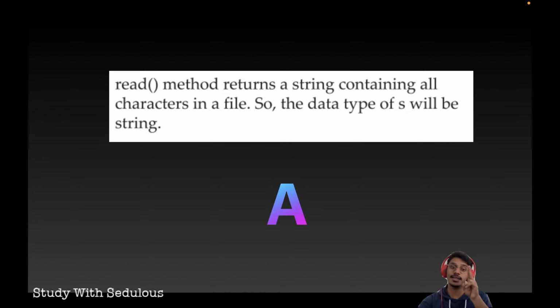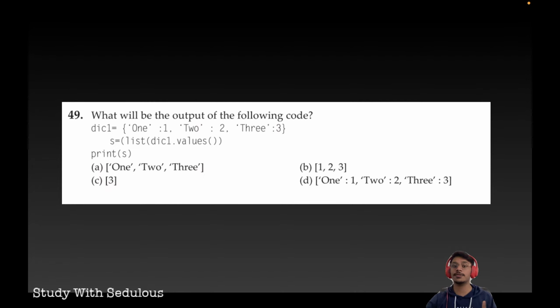What will be the output of the following code? 1 is 1, 2 is 2, 3 is 3, S is list of dictionary's values. What is a dictionary? Dictionary is a key value pair. 1 is key, 2 is key, 3 is key. 1 O-N-E, T-W-O, T-H-R-E-E. Those are keys. And number 1, number 2, number 3 are values.